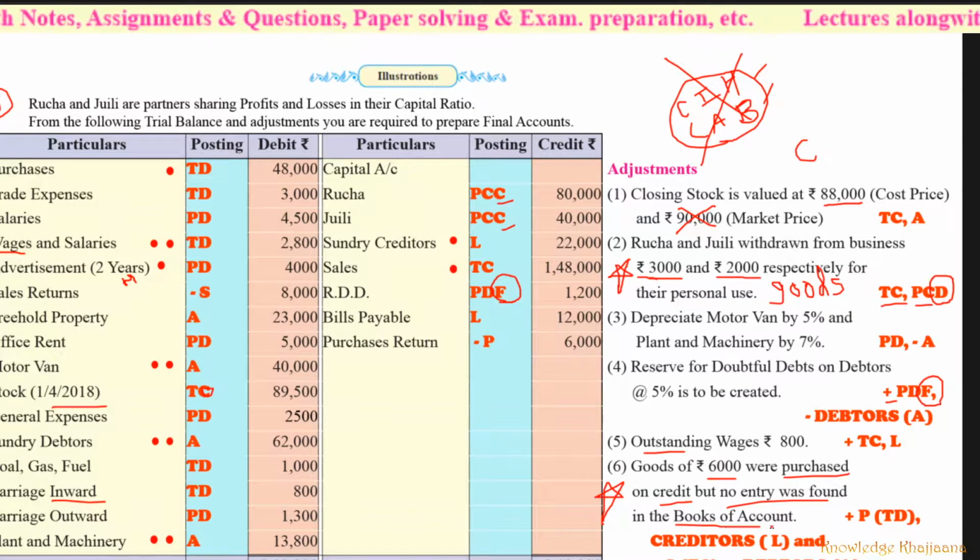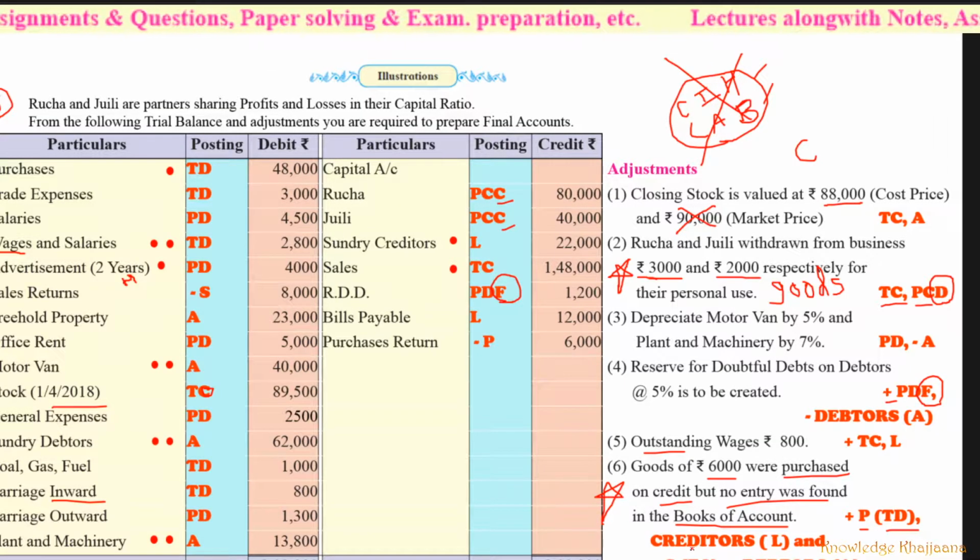If goods of rupees 6,000 were purchased on credit, obviously that amount should be added to the purchases on the trading account debit side, right?